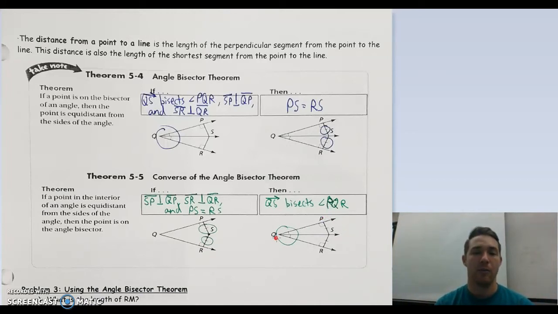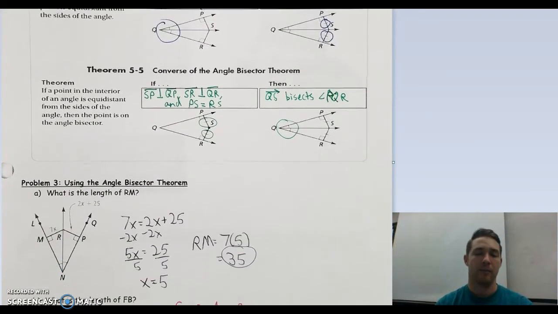So if I have angle PQR, S is going to lie on that bisector QS because it was the same distance to both of those sides. Just like with any other converse, I could use that rule one way: since it's on a bisector, it's going to be the same distance to both sides. Or if I flip that, if it's the same distance to both of those sides, it should be on the bisector. Using that rule is usually a little bit simpler than stating the rule.